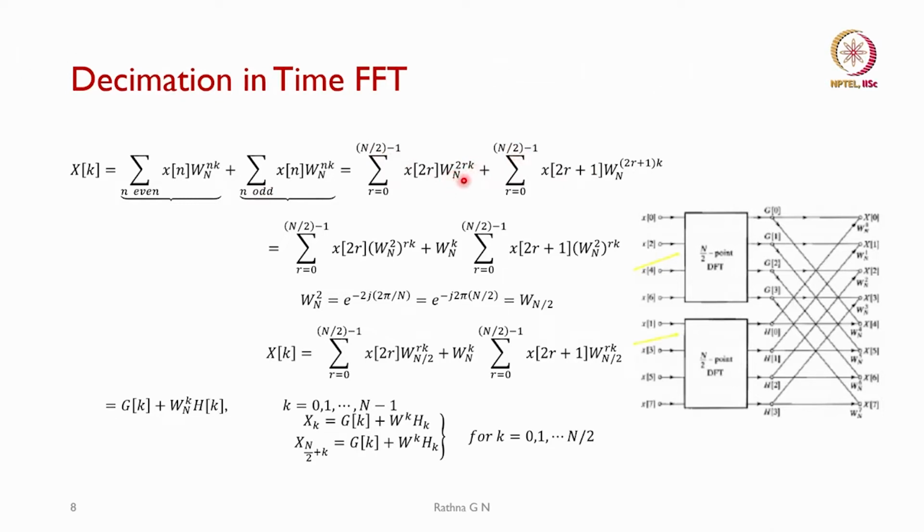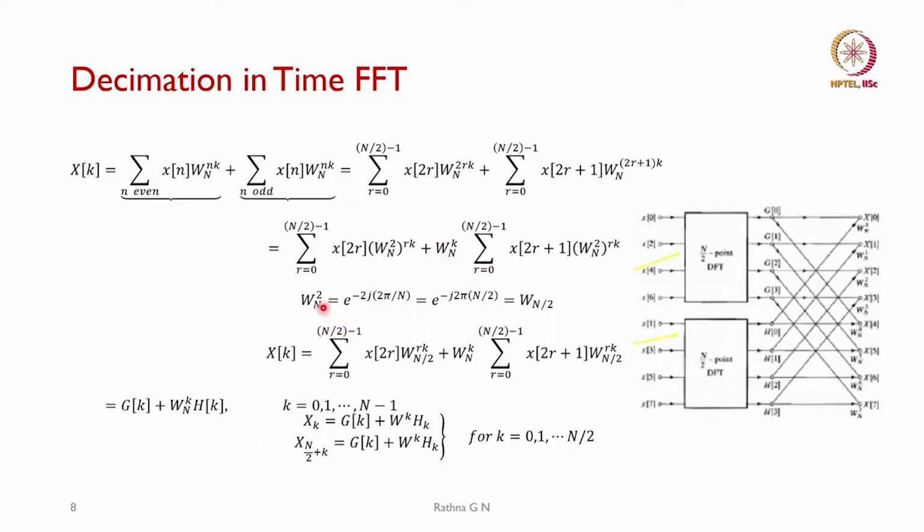So, this will be W_N^(2rk) and here we will have W_N^((2r+1)k). Now we will see that by combining it, that is, 2 we are taking inside in this equation and rk goes here, we have separated it out into W_N^2 to the power of rk, the other term is W_N^k basically, which is not dependent on r. So, we can take it as a constant and take it outside in this equation.